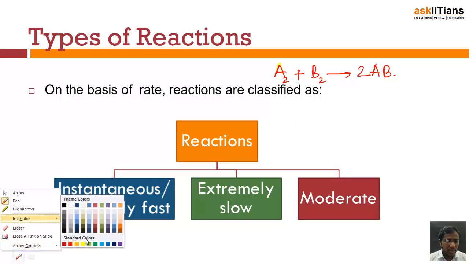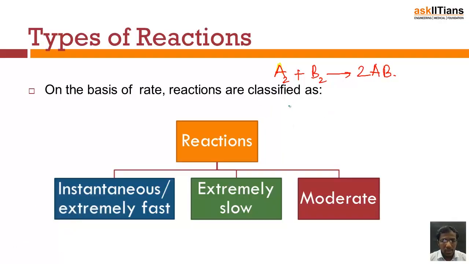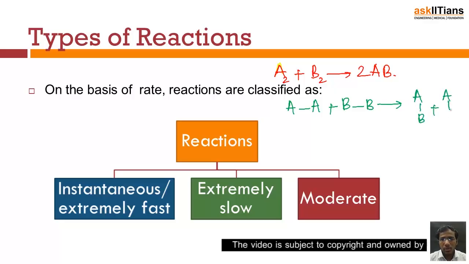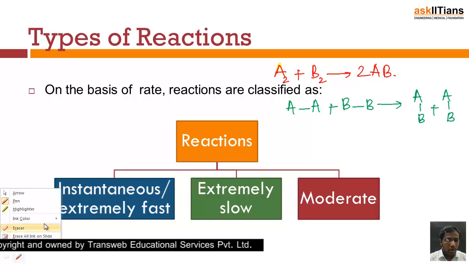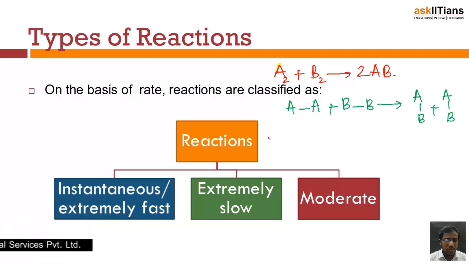So say this is A2 plus B2, which is giving 2AB, that is A which is bonded to B plus A which is bonded to B. If you see in this reaction, the bonds between the reactant molecules are broken. This bond is broken and this bond is broken, both of these bonds are broken, and two new bonds are formed. This is one bond that is formed between A and B, and this is one more bond that is formed between A and B.